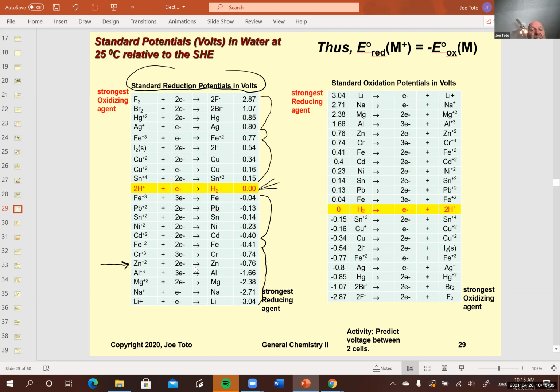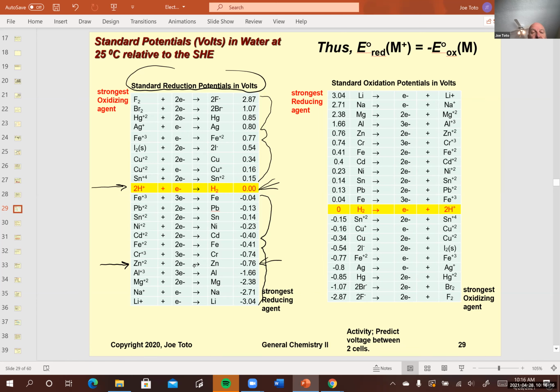That indicates that electrons are going to flow from the zinc to the standard hydrogen electrode. And the voltmeter reading that we got was 0.76 in the negative direction. If it was an analog voltmeter, it would go to the left, indicating that the electrons are flowing from the zinc half cell to the standard.